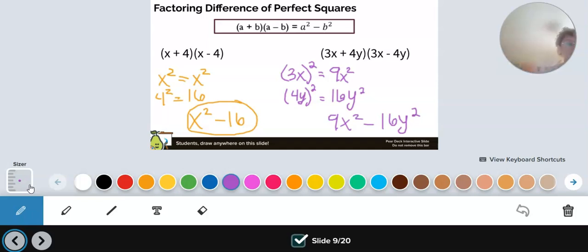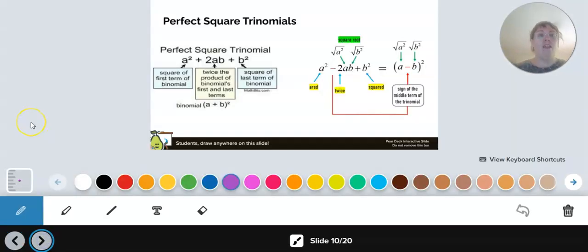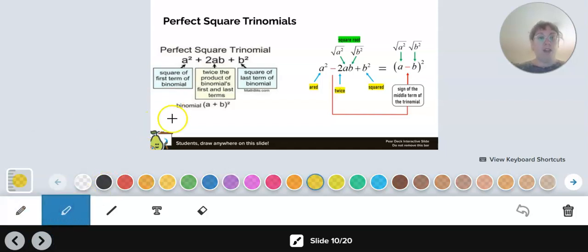And we're going to look at the second big pattern next on slide 10. Still has to do with perfect squares. So these are called perfect square trinomials. So our first term is a perfect square, square of the first term of a binomial. Our last term is also a perfect square.